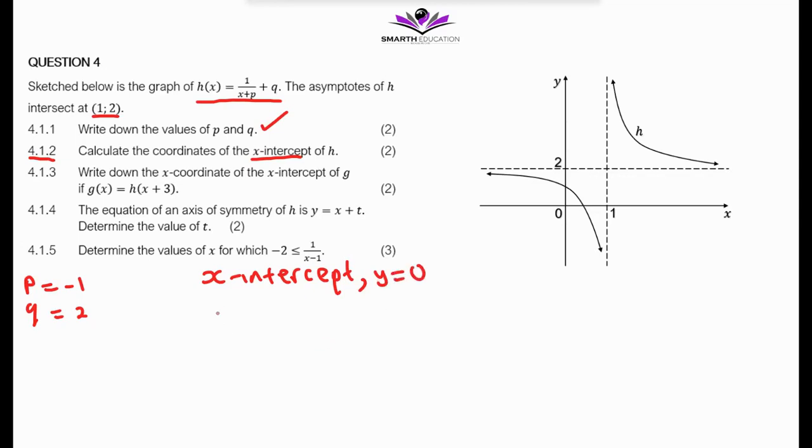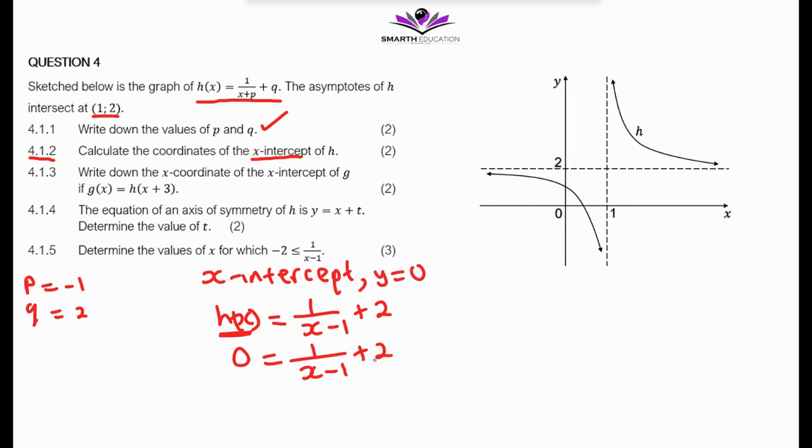Our equation is h of x is equal to 1 over x minus 1 plus 2. So where there's h of x, we put 0. So 0 is equal to 1 over x minus 1 plus 2.